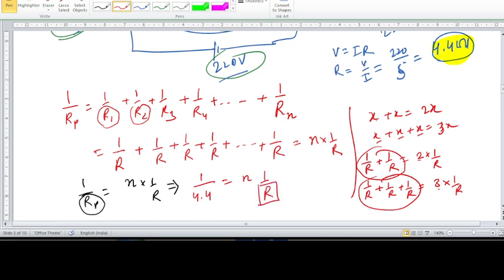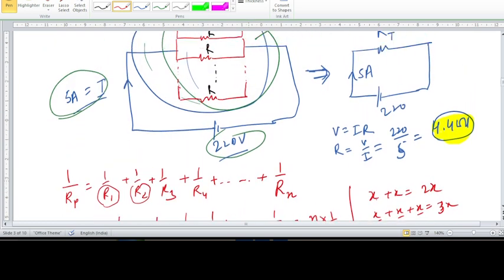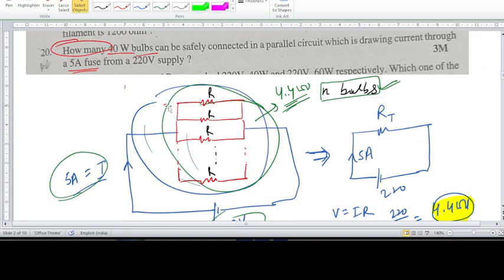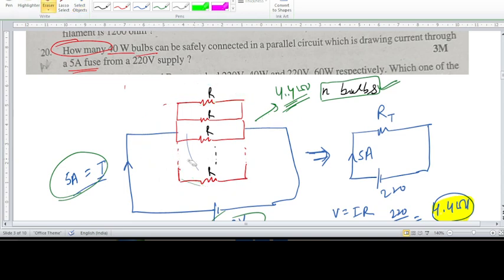So how to calculate it? Look, one thing worth noticing here is that in parallel combination, every resistance is getting the same voltage. And what is the voltage here?